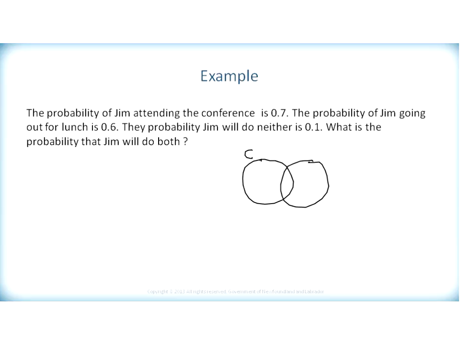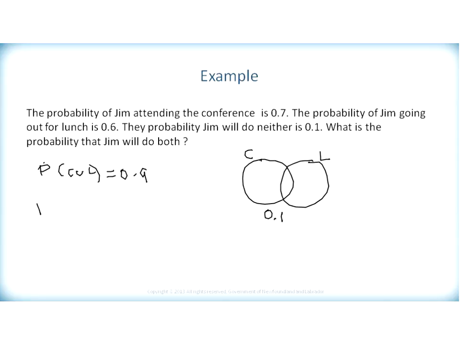So Jim is going to the conference or going to lunch. The probability he would do neither is 0.1. That means that the probability of C union L will be 0.9.